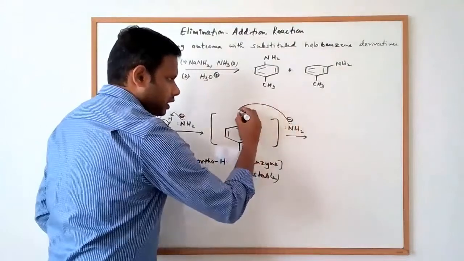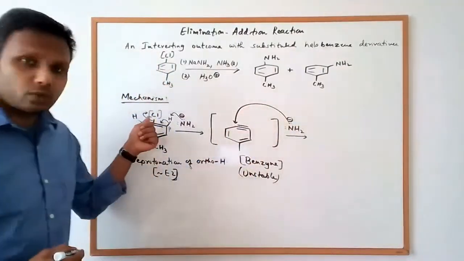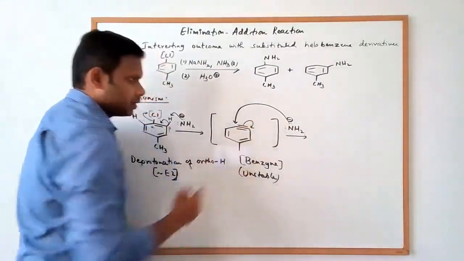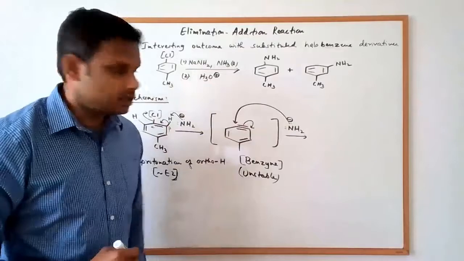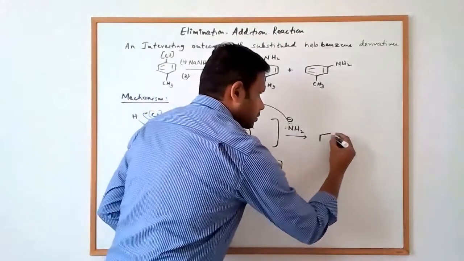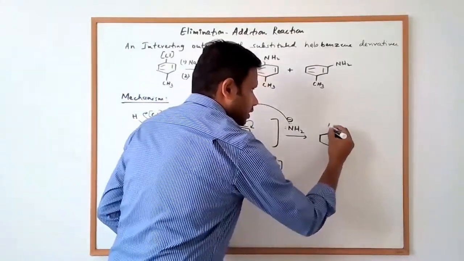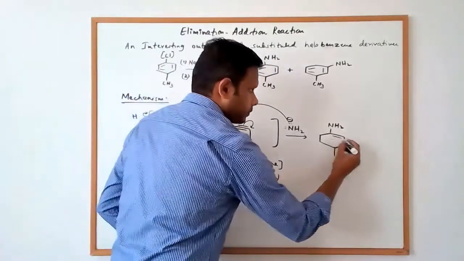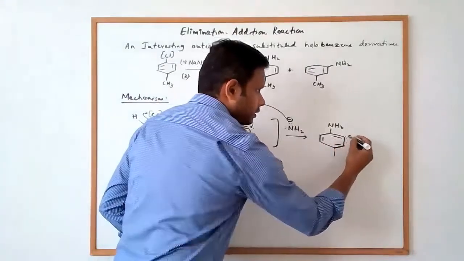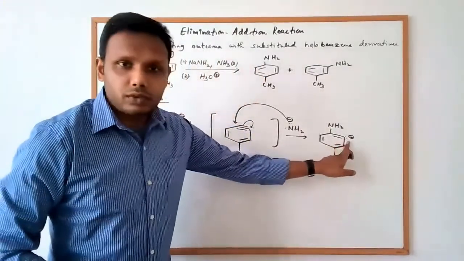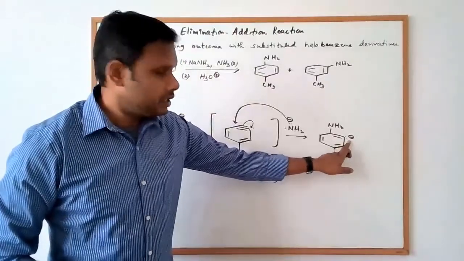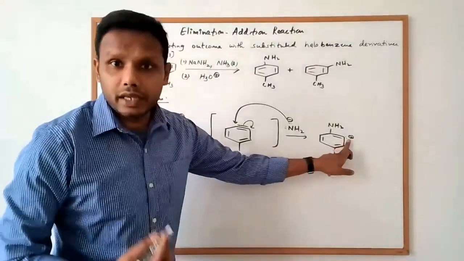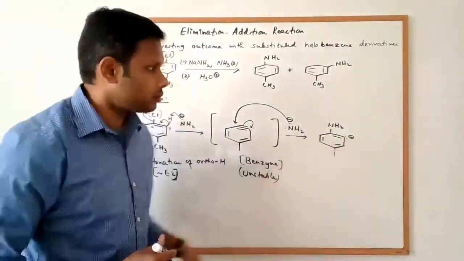So it can go and attack the position where the chlorine was originally located, and that's going to push away this electron pair to the adjacent carbon atom, and that's going to give us an NH2 at the position that's para to the methyl group, and a nucleophile or a base at the adjacent carbon atom. So it's going to give us a negative charge at the adjacent carbon atom.